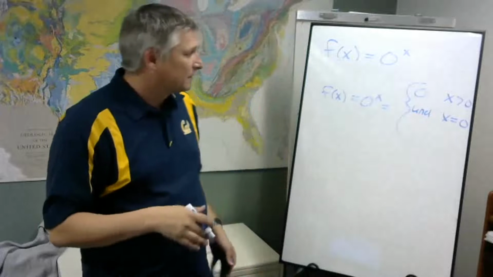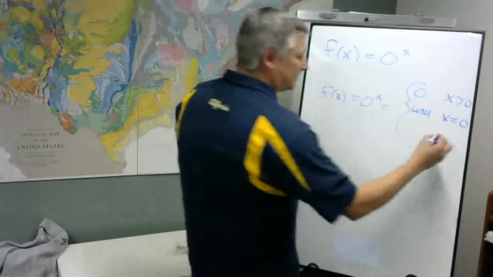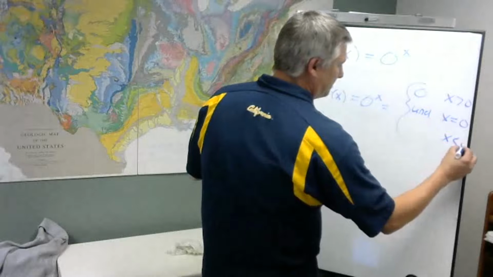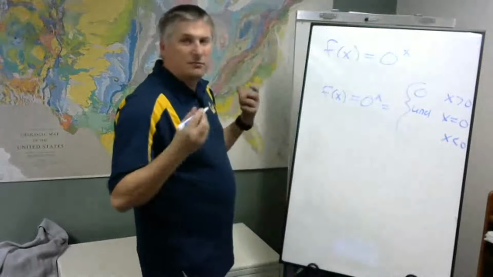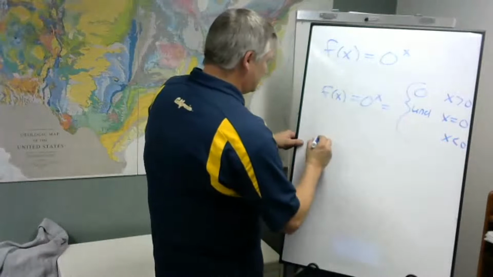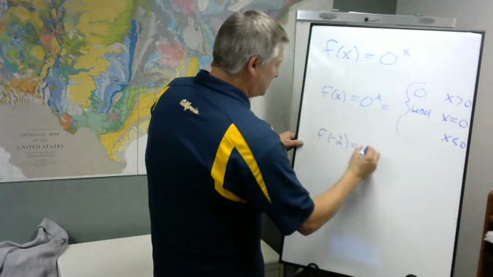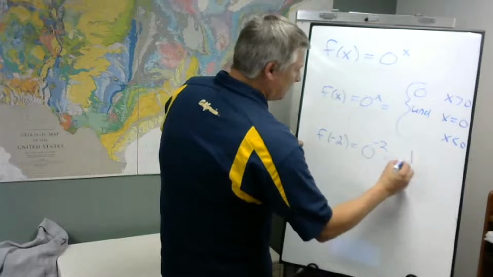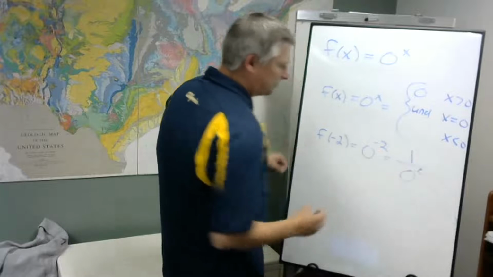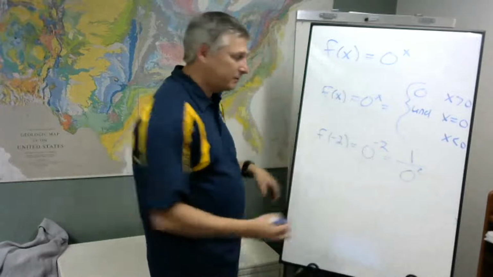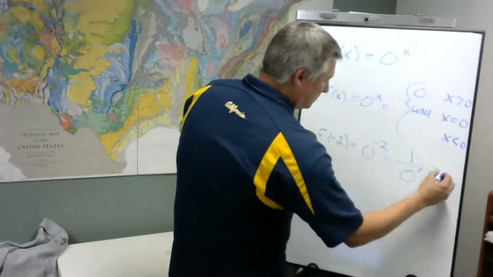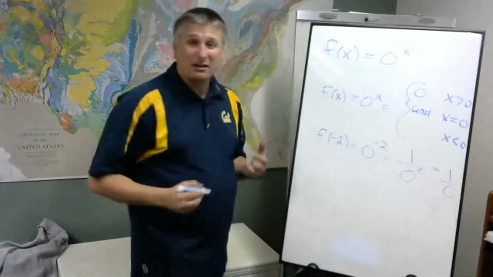Finally, if x is less than 0, say x is like -2, so f of -2 would be 0 to -2, 1 over 0 squared, because you take the reciprocal with a negative, and that just gives you 1 over 0. And again, that's undefined.